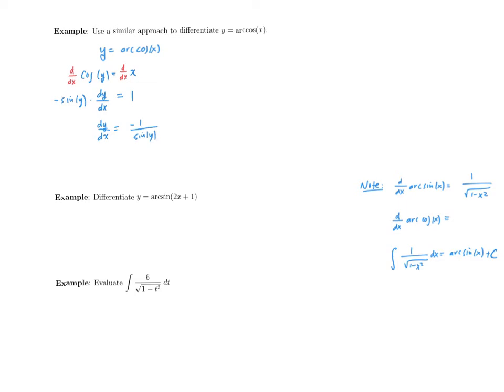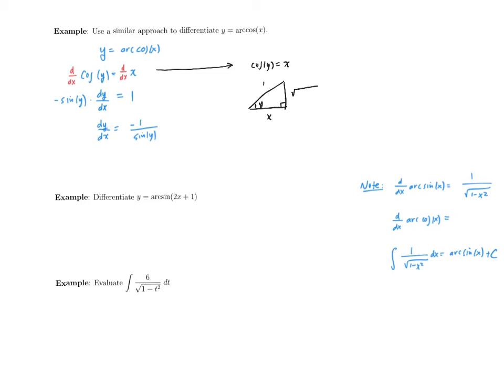And as long as we can come up with a formula or expression for sine of y only involving the variable x, we will have precisely what we are looking for. Using the same approach as the previous problem, when we have this statement cosine y equals x, that's describing an associated right triangle, where we have an angle y, cosine is adjacent over hypotenuse.